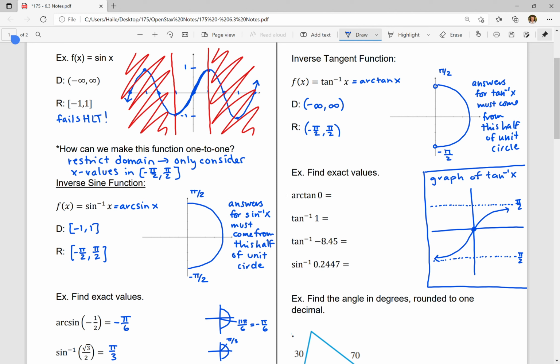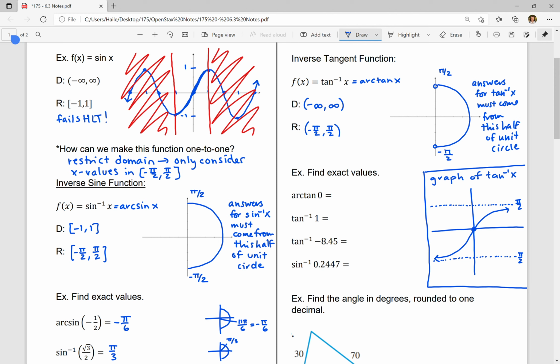I think this graph is the nicest one to show you because it looks the most like its original function. So this really gives you that idea of what it means for two functions to be inverses. Basically, we've taken the tangent graph and reflected it in a certain way so that it turns sideways like this.